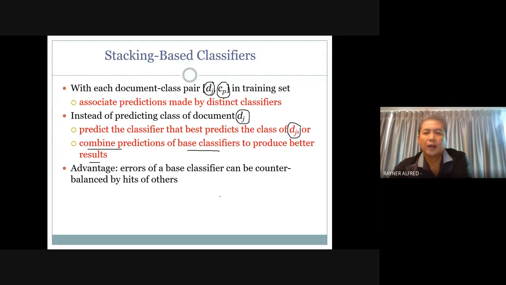Whenever you see an ensemble classifier, it is basically a meta classifier that combines several models' predictions to get a single class label.